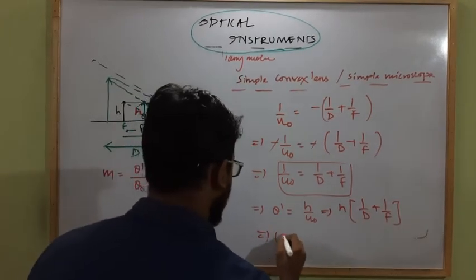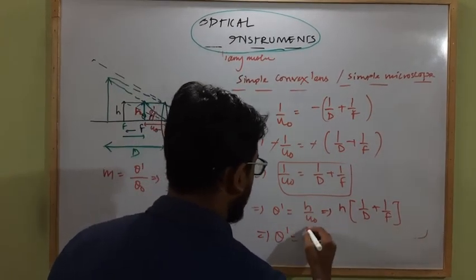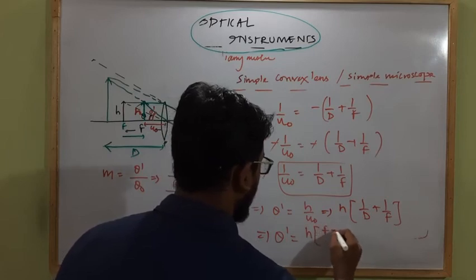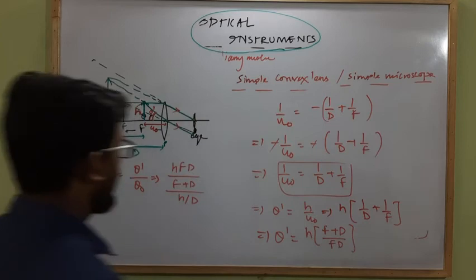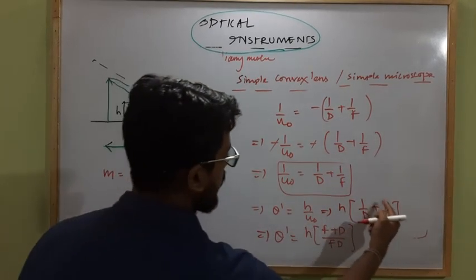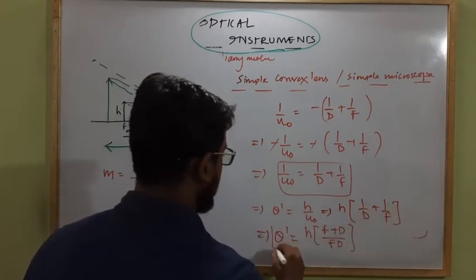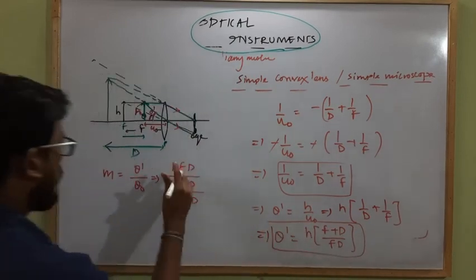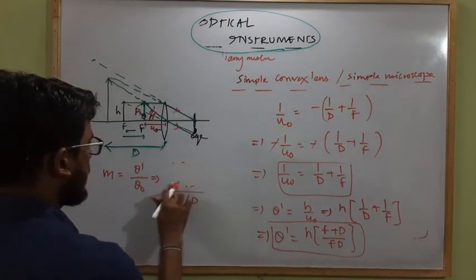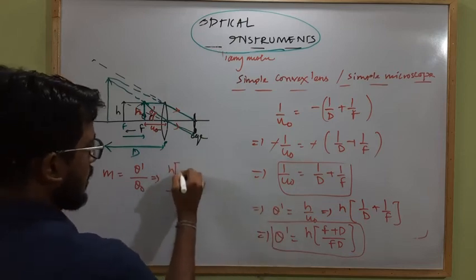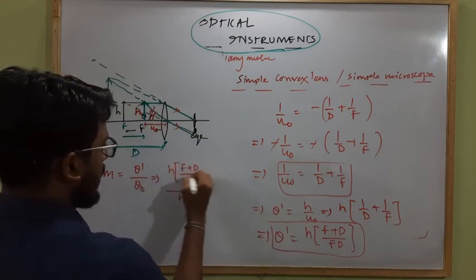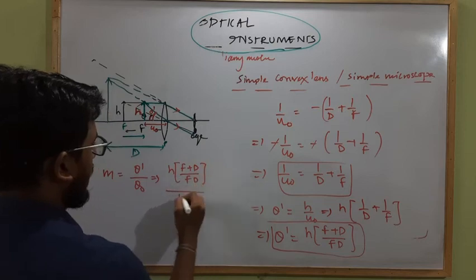So this implies theta dash will be equal to how much? H into f plus d divided by fd. Clear? H into f plus d divided by fd will be theta dash. So here it will be theta dash divided by theta naught. So what is theta dash? H into f plus d divided by fd by h by d.